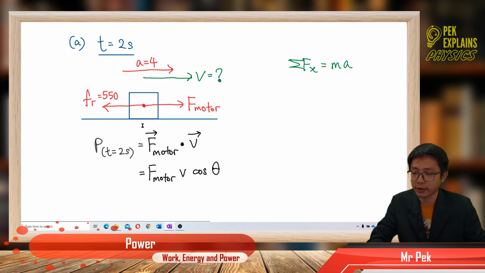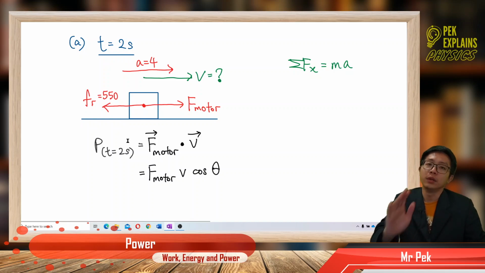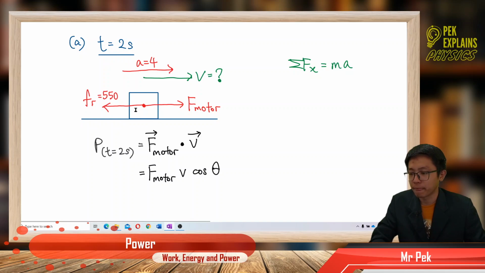To find instantaneous power, we must draw a free body diagram. I will tell you why later. We must show all the forces acting on the object. Just the x-axis is enough. The y-axis is not necessary, because the friction is already provided.